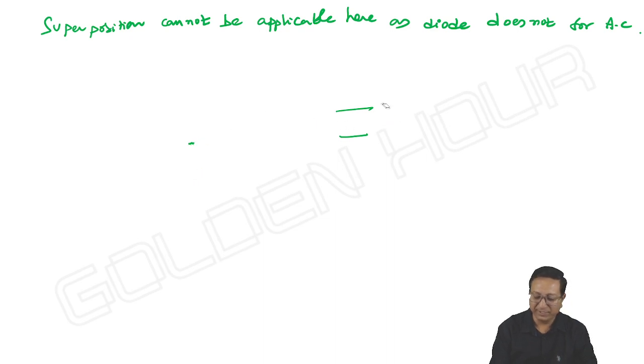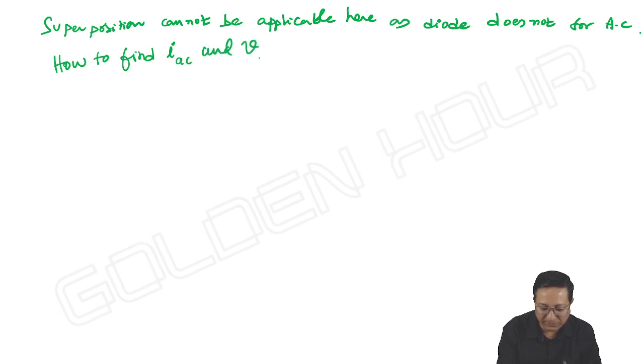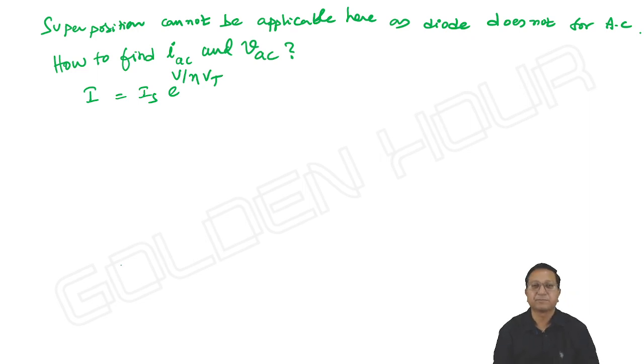Then how do we find IAC and VAC? For that, let us take the equation I is equal to Is into e power v by eta Vt.